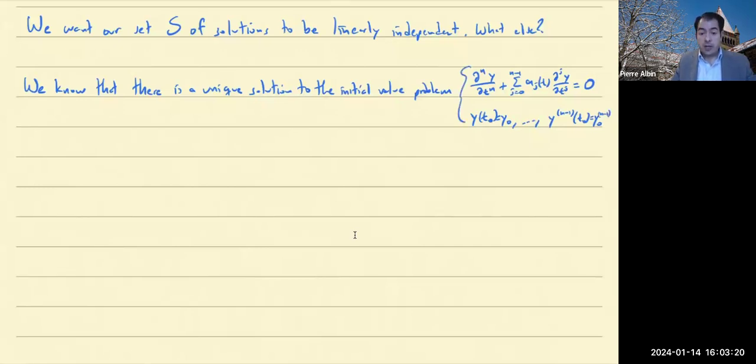So for this initial value problem, the existence and uniqueness theorem tells us that as long as these functions are continuous, this system has a unique solution.